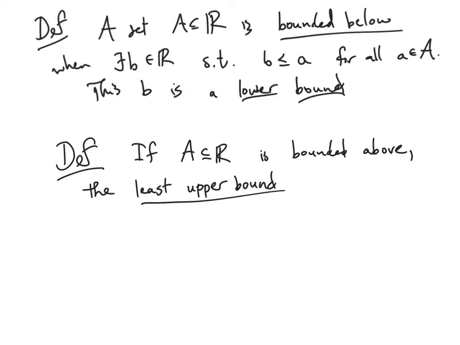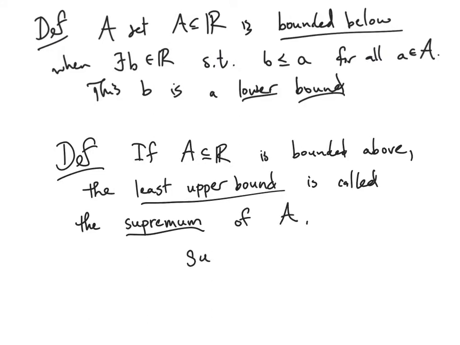Sometimes it's simply called the least upper bound. It is the smallest of all of the different upper bounds. The least upper bound is called, this is a fancy word, the supremum of A. And we write it this way, sup of A. It looks like sup, but it's pronounced soup.